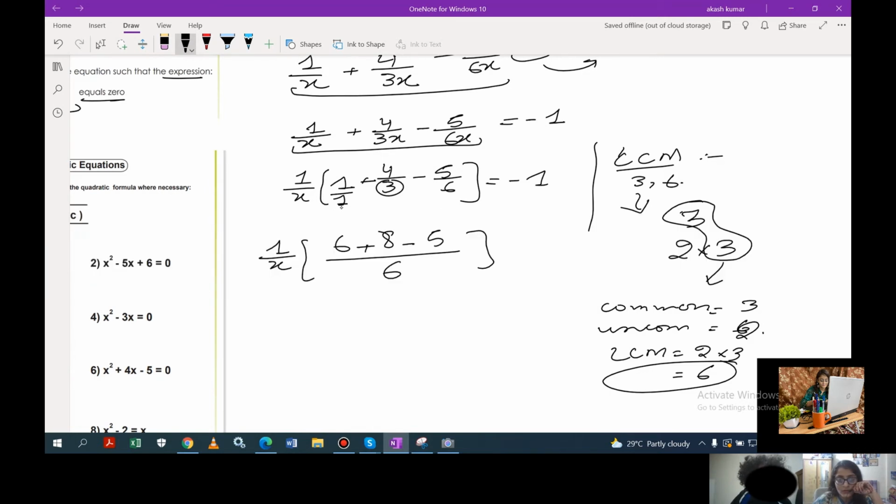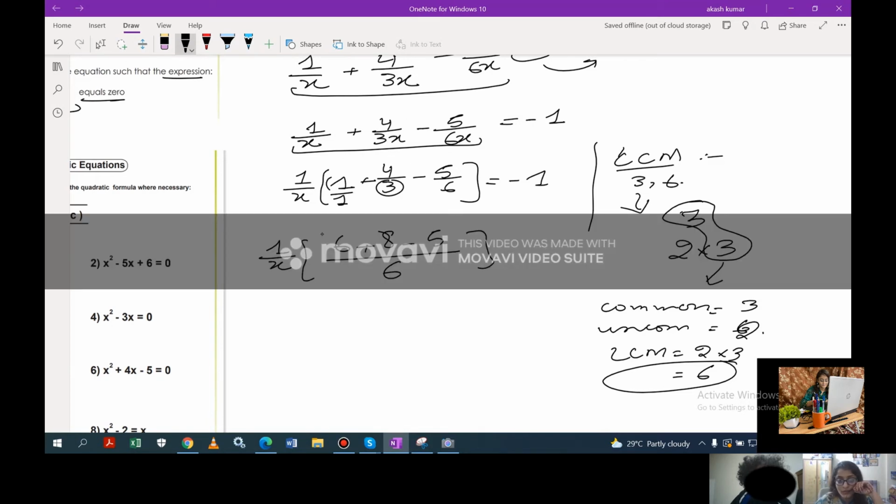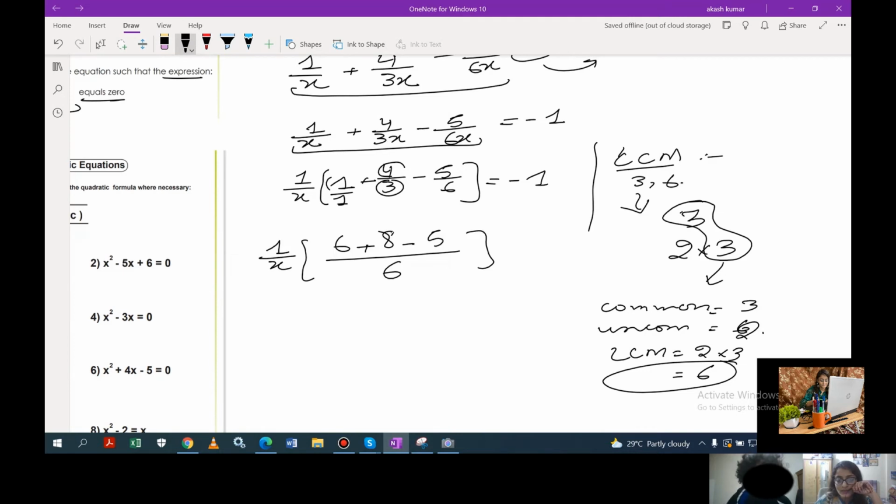So 6 divided by 1 is 6, and that 6 is multiplied with the 1 in the numerator. So it will be 6. Now 6 divided by 3 is 2. 2 times 4 is 8. So we wrote 8 here. 6 divided by 6 is 1, and then we multiplied this 1 with 5, so it would be minus 5.